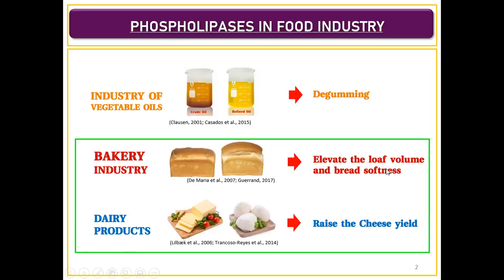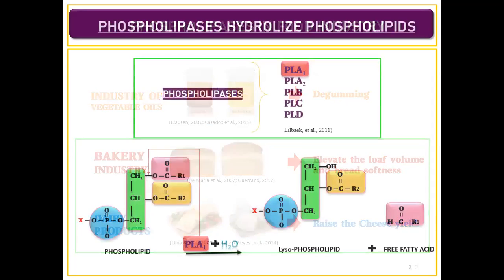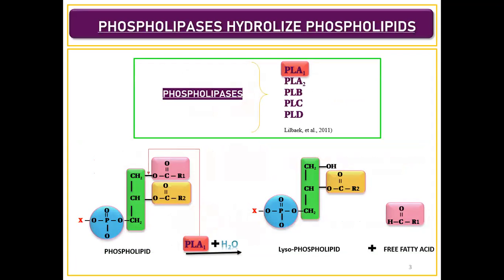So we have two characteristics that the bakery industry is looking for: elevating the loaf volume and bread softness, and in dairy products, raising the cheese yield. One thing that is really important about phospholipases is that they, of course, hydrolyze phospholipids.